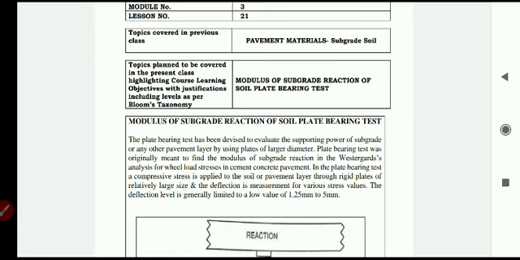Wherever highway constructions are going on, first and foremost we conduct the California bearing ratio test to check the bearing capacity of the soil. In the plate bearing test, the correction factors applied are high in number, so the accuracy of the results we are expecting will not be satisfied through this test. So only the CBR test is considered an ideal test to check the bearing capacity of the soil used as a subgrade material for the construction of highways.